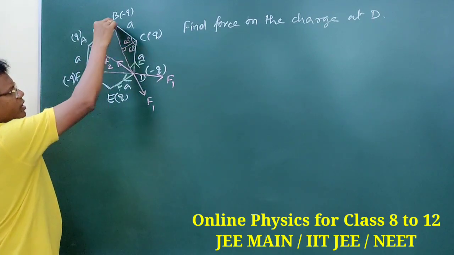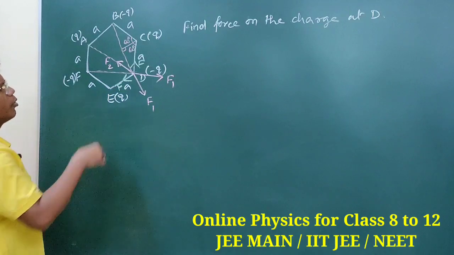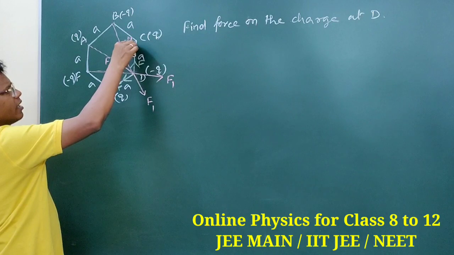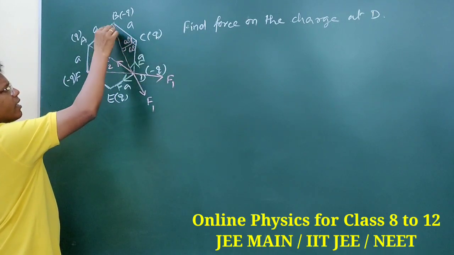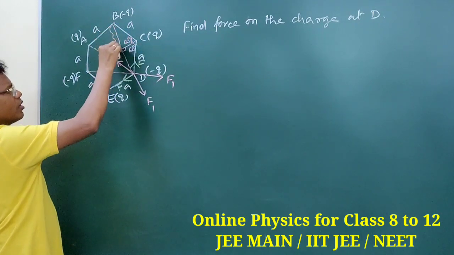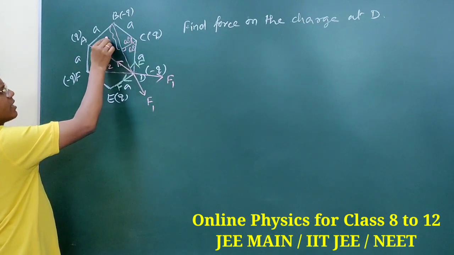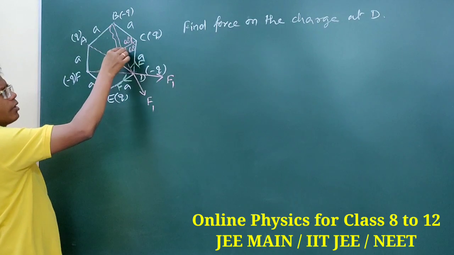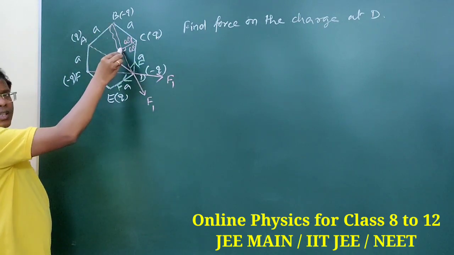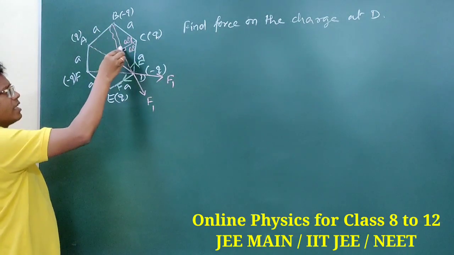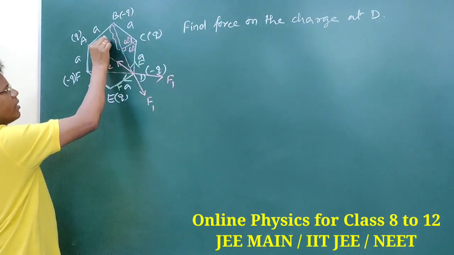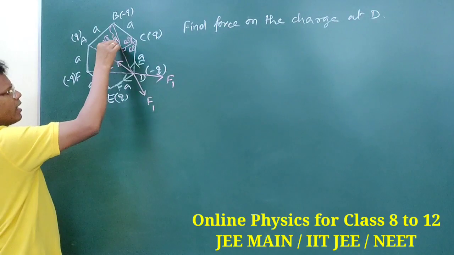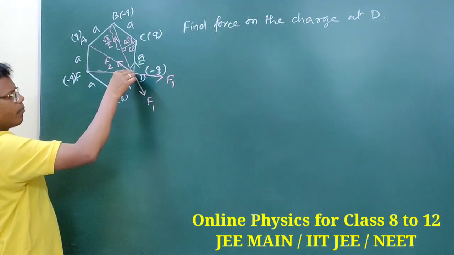That means to know the distance from B to D, this is A, this angle is 60 degrees, right? So how much is this? It is A sine 60, isn't it? From this point to that point, are you getting me? A sine 60 means root 3 by 2 of A. So this much is also the same.